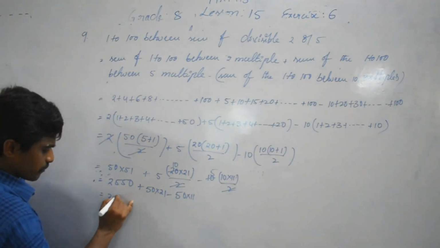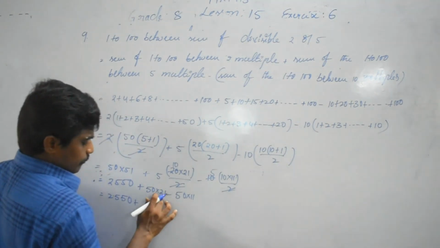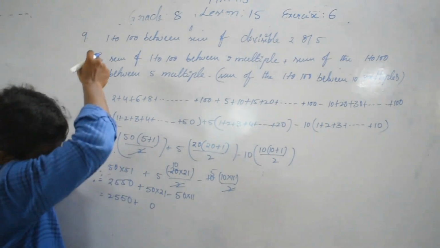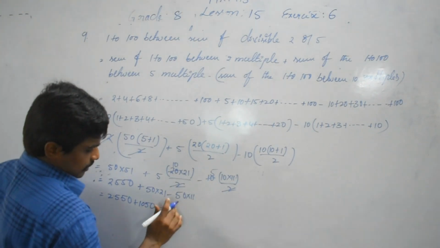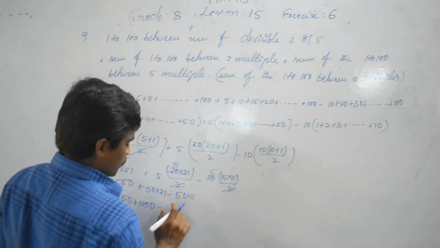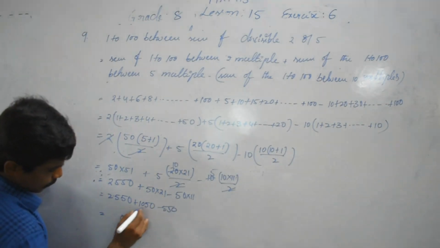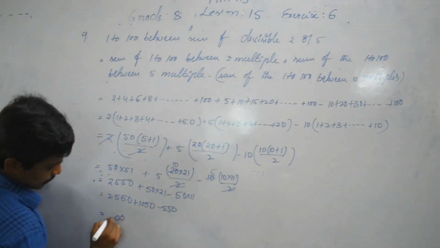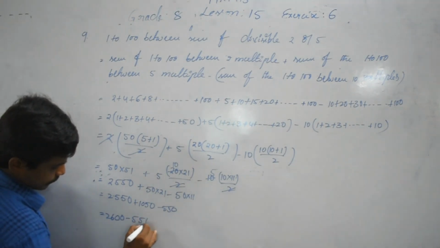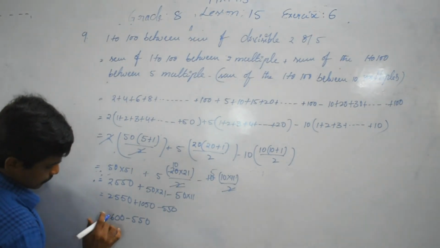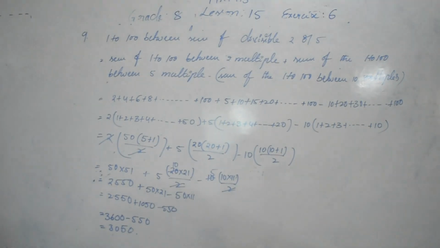So 2550 plus 1050 is 3600, minus 550 gives 3050. That is right.